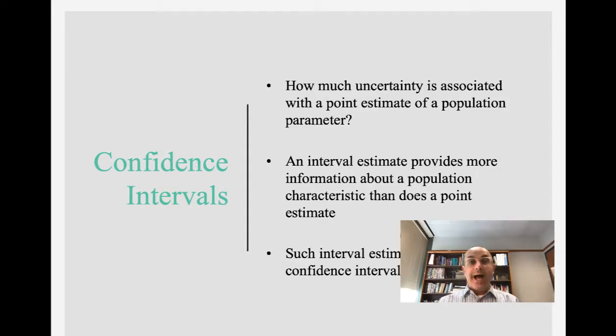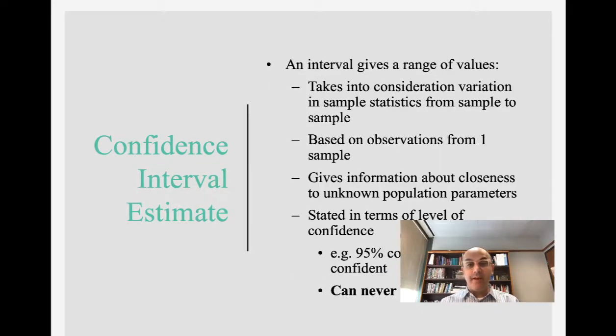So how much uncertainty is associated with a point estimate of the population? We also need to know that an interval estimate provides more information about the population characteristics than does a point estimate. So that's why we need to be more transparent. Such interval estimates are called confidence intervals.